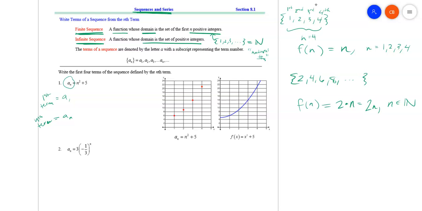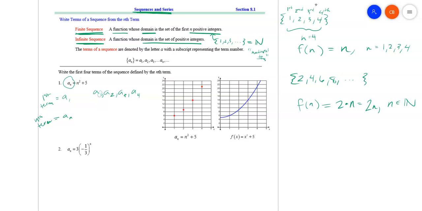And so we want to find the first 4 terms over here. It would go, well, we want to find a1, basically a1, a2, a sub 3, and also a sub 4. We want to find these 4 terms. And for these, you're just plugging in this number down here. This is like where the n was.